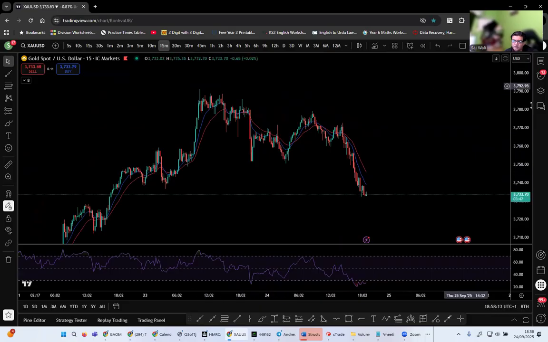And hidden divergence is in the direction of trend. So I'll keep the chart in 15 minutes, where we have a bearish trend.